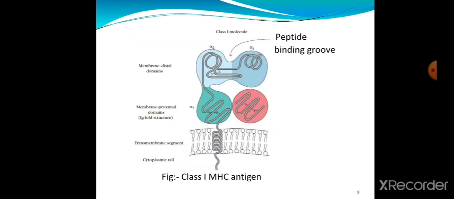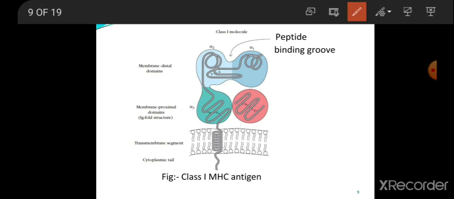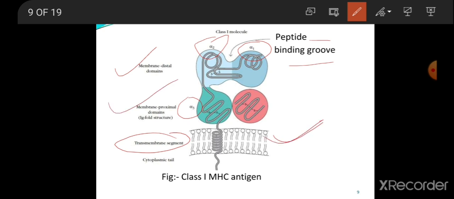You can see here the class 1 MHC antigen diagram. Alpha 1 and alpha 2 form the peptide binding groove, and the membrane distal domain. This is the alpha 3 structure, this is the transmembrane segment, and this is the membrane proximal domain. These are the structures of class 1 MHC antigens.